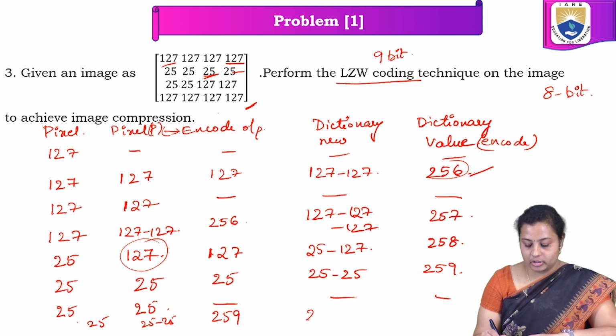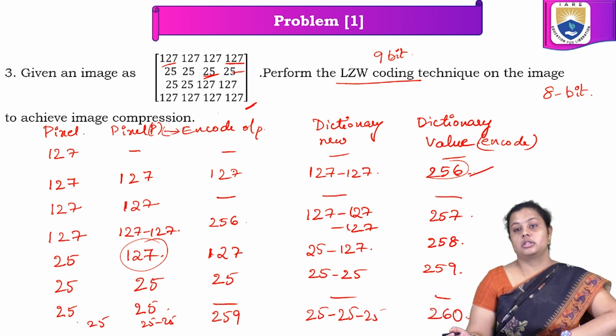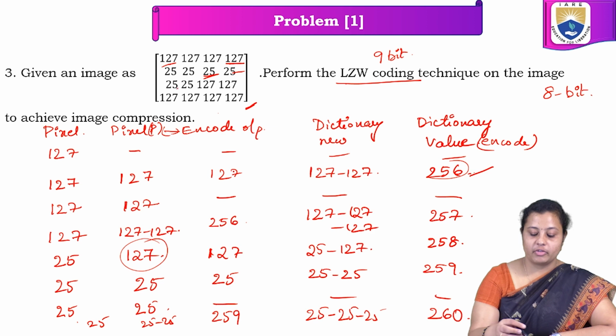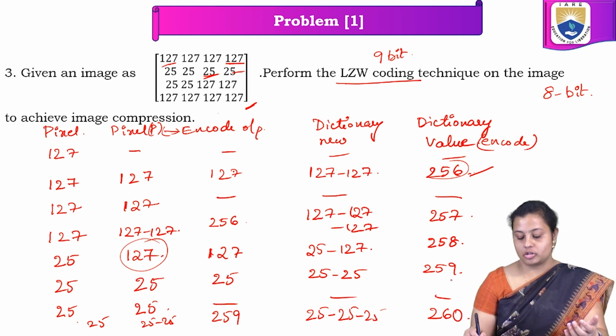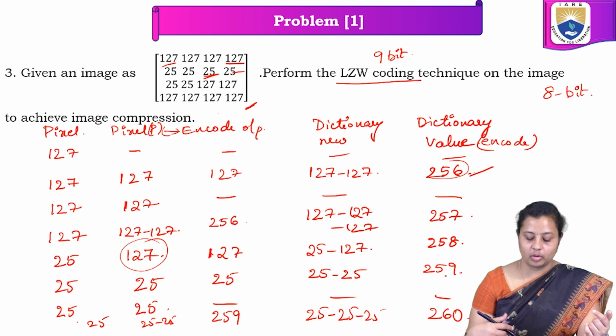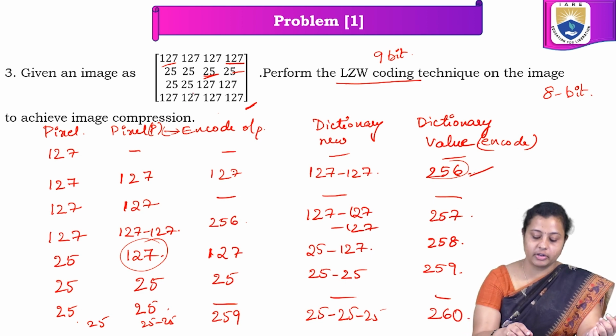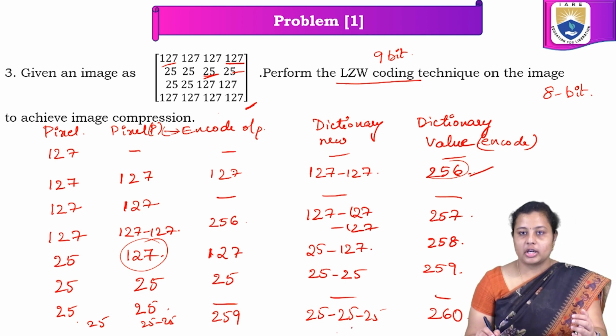And I have the new sequence, which is 25 hyphen 25 hyphen 25, so I'm adding it at 260, right? So on, we will consider each pixel value. Next I will take the 25, which gives 25 hyphen 25. That combination is already existing, so we will neglect it. We will go again to the next symbol, which is 25. That is again 25 hyphen 25 hyphen 25, which is already existing, 260.